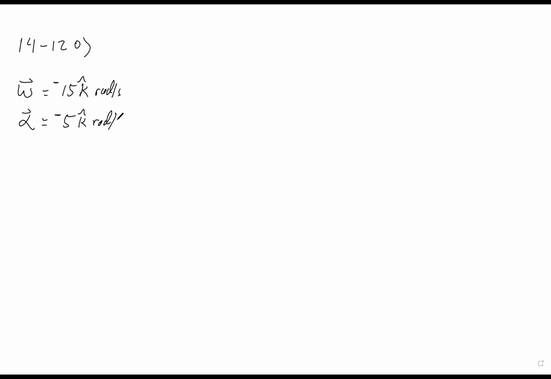And this is slider C, so it's actually the angled slot at the top of the disk. And there is the pin, the slider, and then the u motion is in the same direction as the slot.